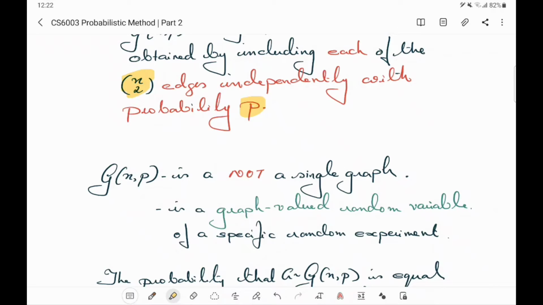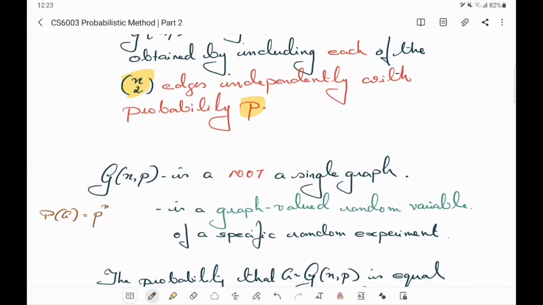But let us say p is very close to 0, much smaller than half. Then in this probability distribution, the sparser graphs with fewer edges will have much larger weight compared to graphs with a very large number of edges. In fact, in this space, what is the probability of obtaining a particular graph G?